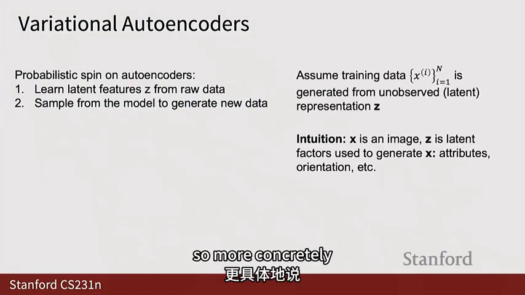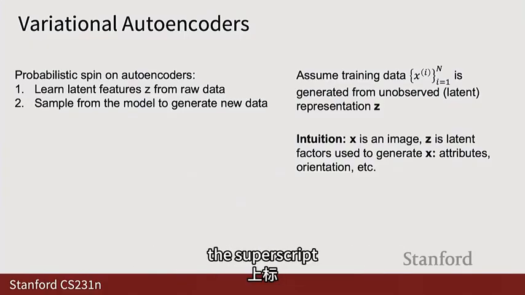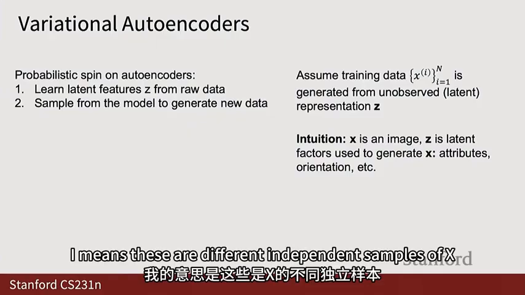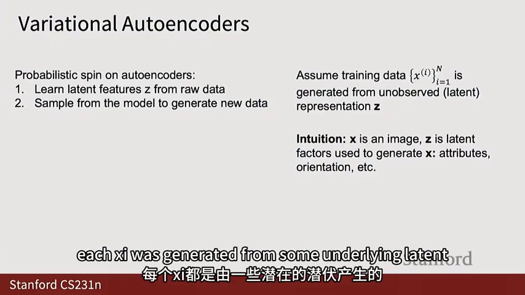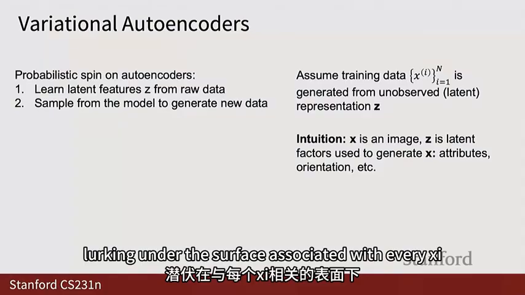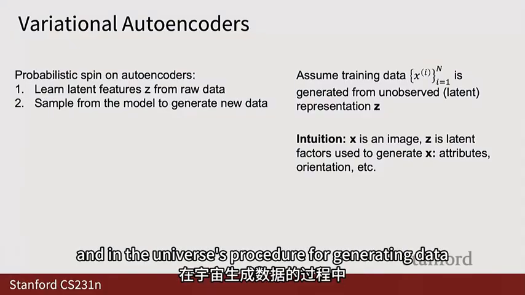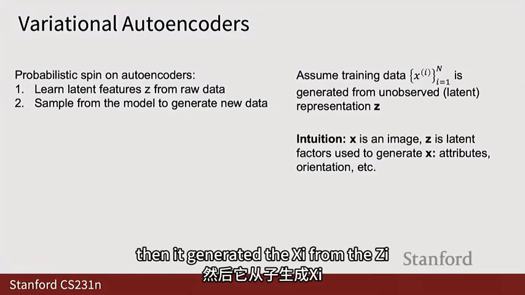So more concretely, we'll assume that our training data, x^i, again, note here the superscript i means these are different independent samples of x. We assume that each x^i was generated from some underlying latent vector z. That there's some z^i that's lurking under the surface associated with every x^i. And in the universe's procedure for generating data, first it generated the z^i, then it generated the x^i from the z^i.